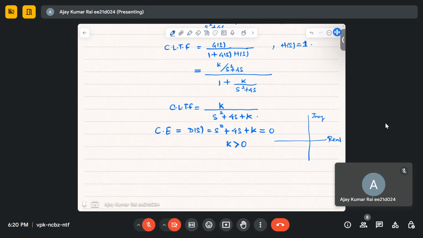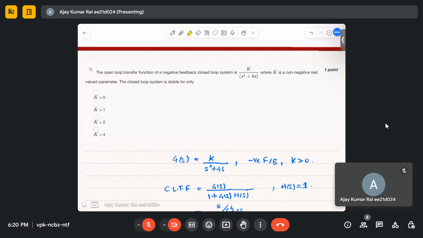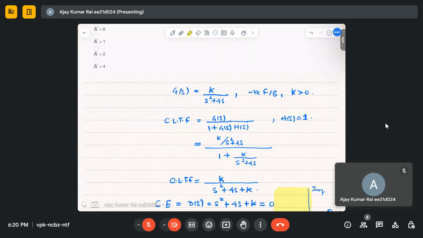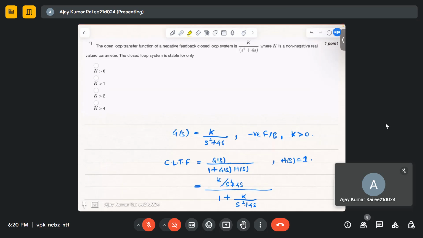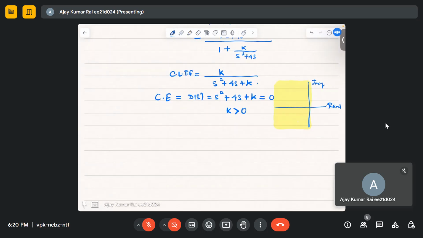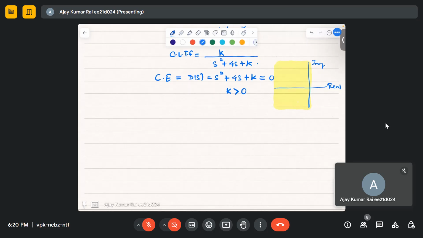If we ensure K to be greater than 0, then we are ensuring that the poles are lying in this plane, and if poles are lying in this plane, we say the system is stable. Okay, it's very straightforward. But let us prove this by constructing the root locus.